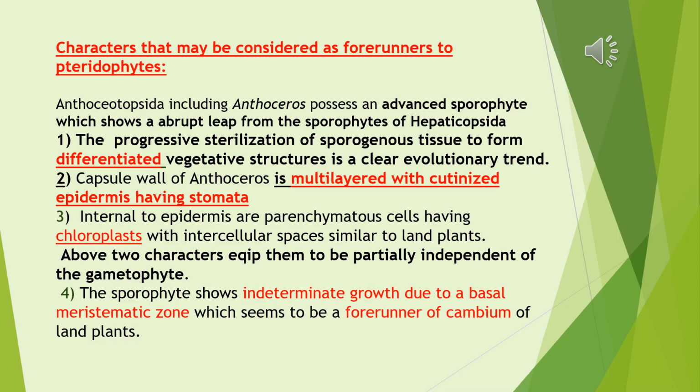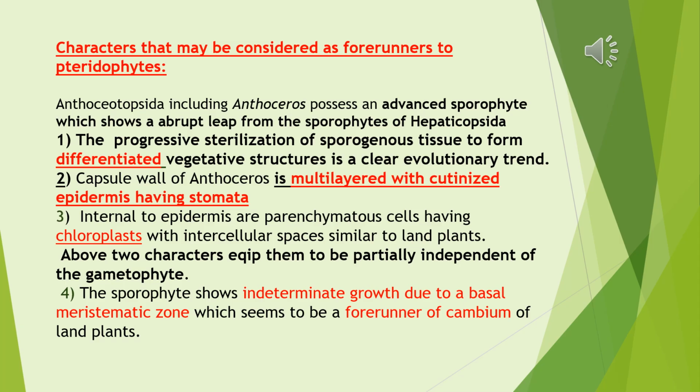Number 2: the capsule wall of Anthoceros is multi-layered with cutinized epidermis having stomata. This is also a first in Bryophyta. Number 3: internal to the epidermis are parenchymatous cells having chloroplasts with intercellular spaces, similar to land plants.